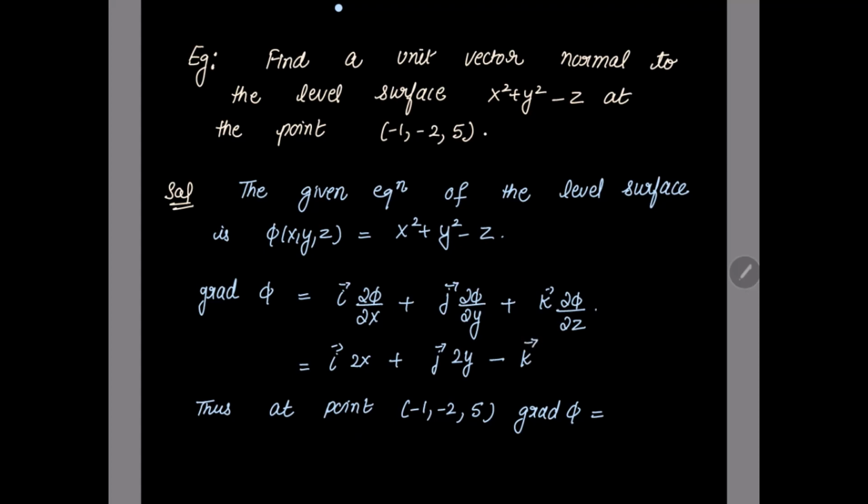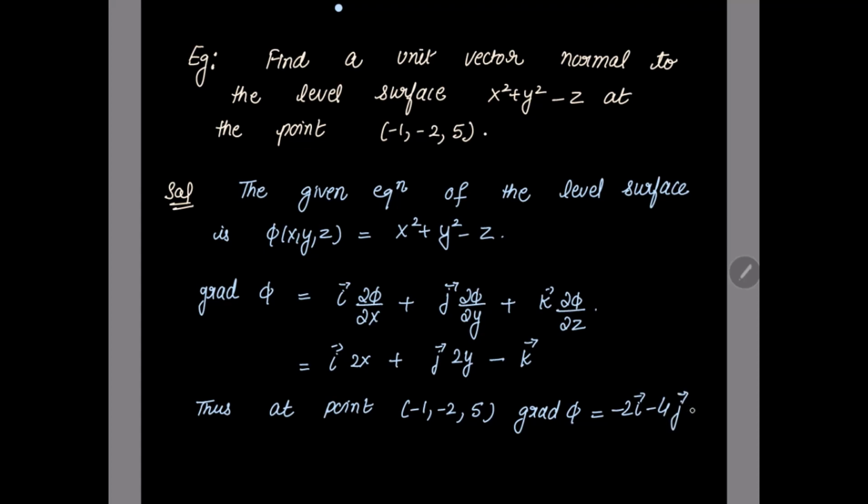So thus at the point -1, -2, 5, grad phi will be, put the values of x, y, z from this point. Putting x equal to -1 over here, I get -2 I vector. Then put the value of y here, -2. This is -4 j.